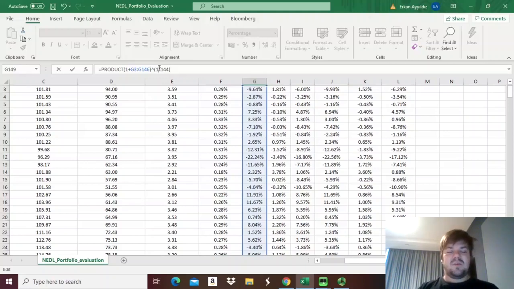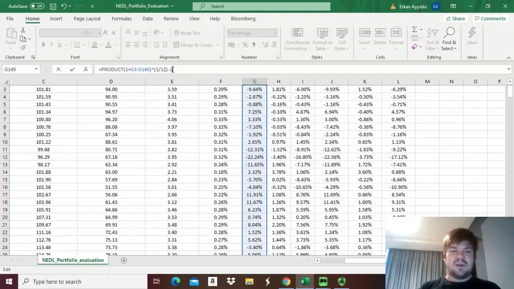But in our case, we need to convert it to annual frequency, not monthly frequency. So we raise it to the power of 12 divided by 144, or more simply, just 1 over 12, as there are 12 years in our sample and we want to know the annualized return.